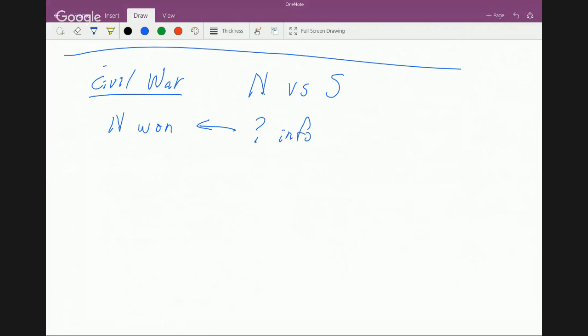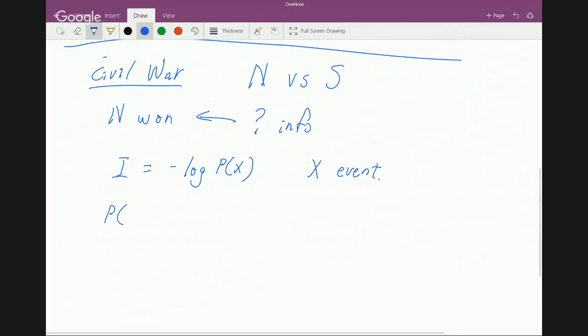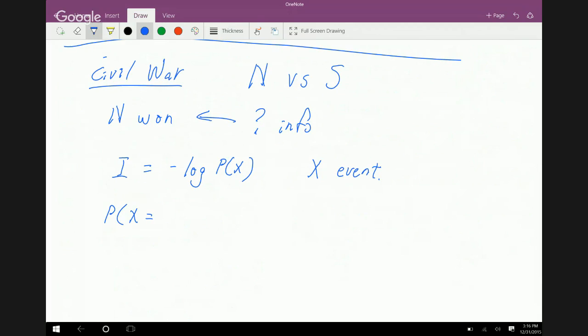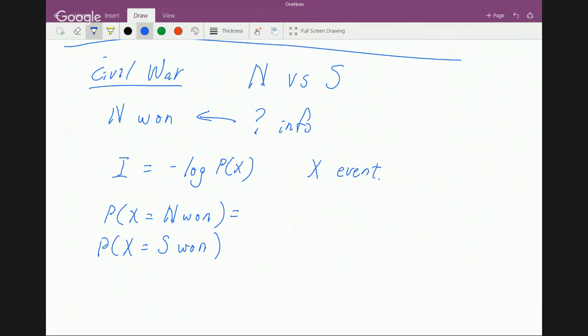According to information theory, information follows this equation: I = minus log probability of the event, where x is the event. The probability that the North won versus the probability that the South won is 50-50, 1/2 and 1/2.